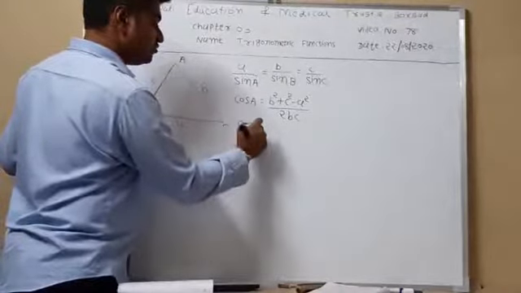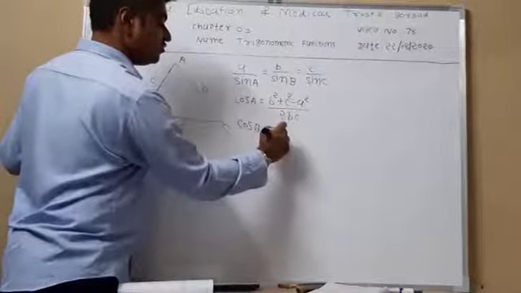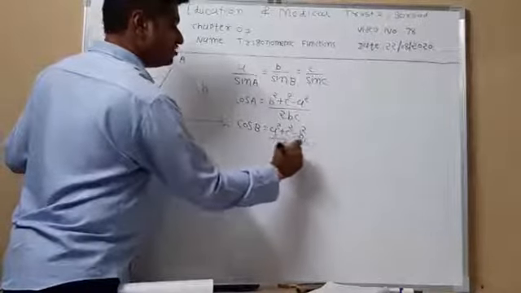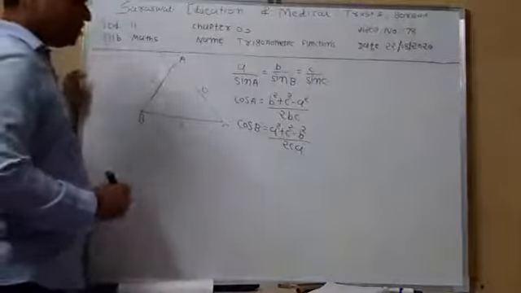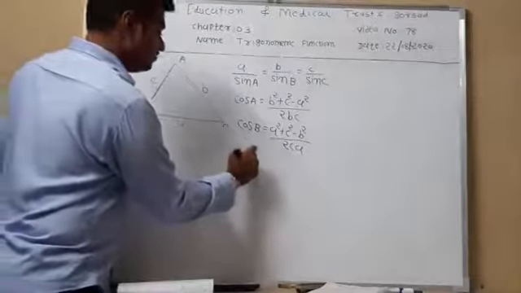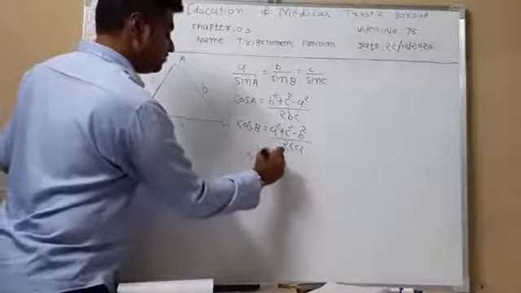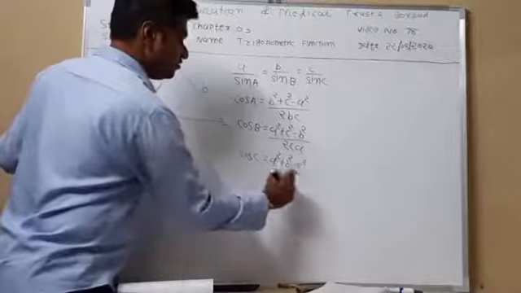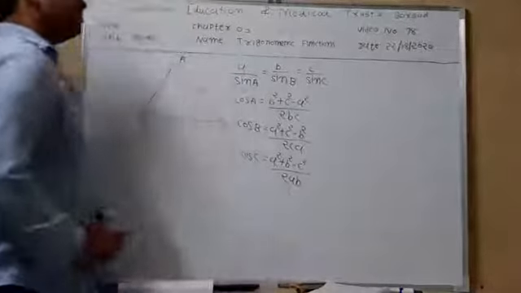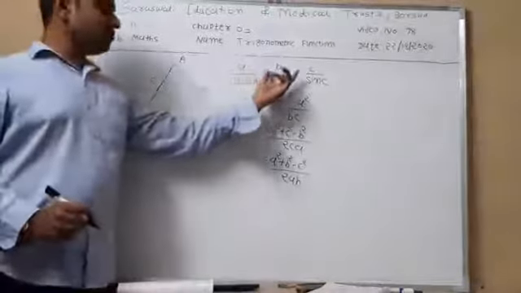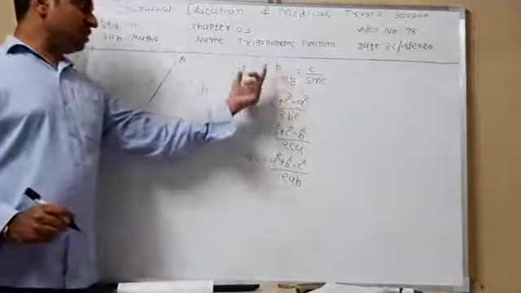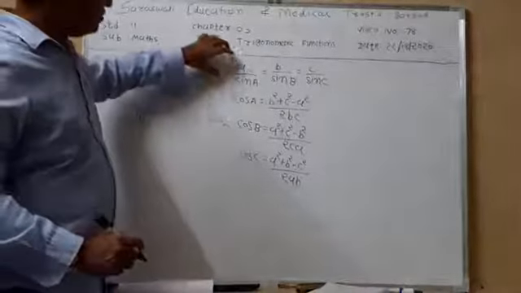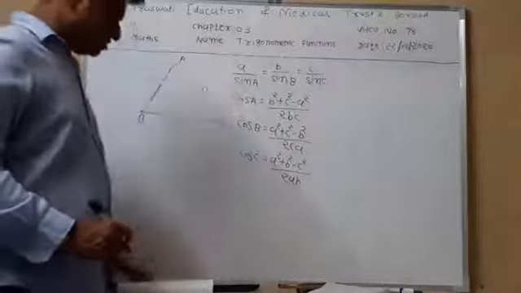In the same way, cos B is equal to a square plus c square minus b square upon 2ca or 2ac. In the same way, cos C is equal to a square plus b square minus c square upon 2ab. Right? So this result is our sine formula, and this result is the cosine formula.